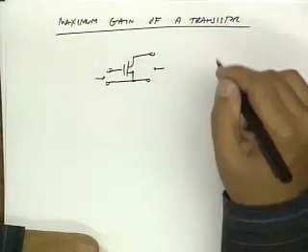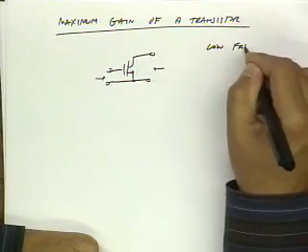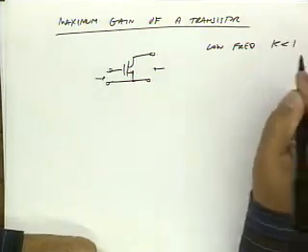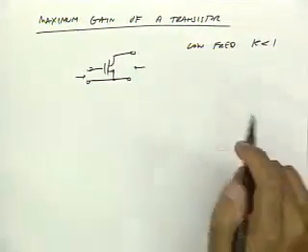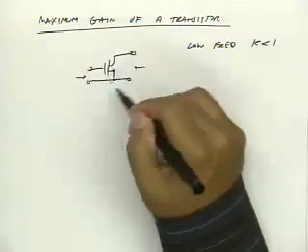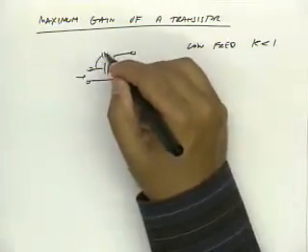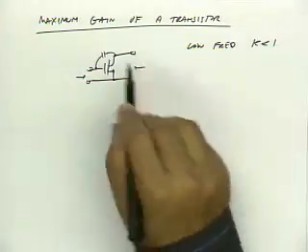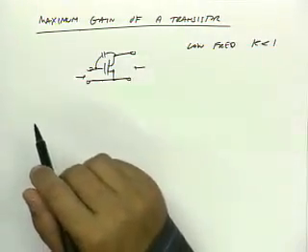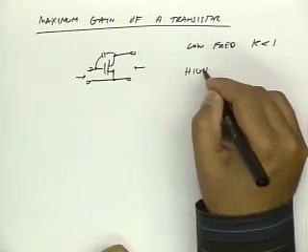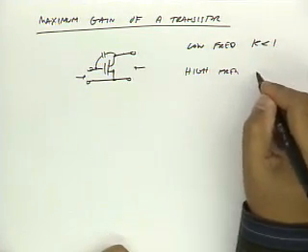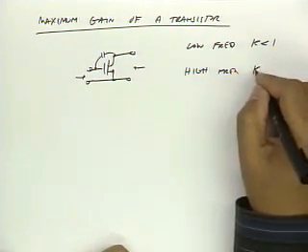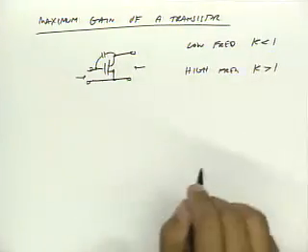Well, it turns out that at low frequency K is less than 1. That's because at low frequencies this device has lots of gain and it has feedback through C mu, so it's very easy to make it oscillate. At high frequencies though, beyond what we call the knee frequency, K tends to be bigger than 1.